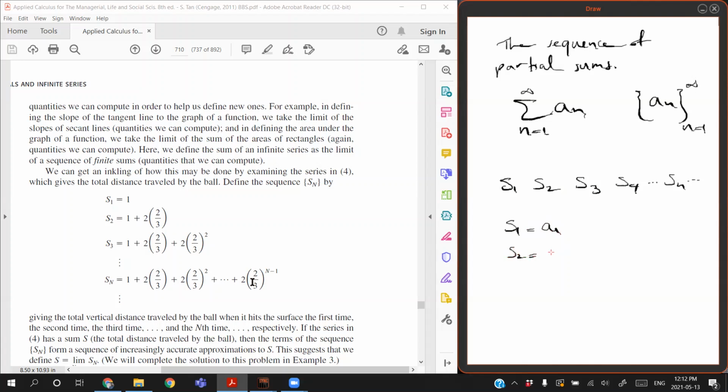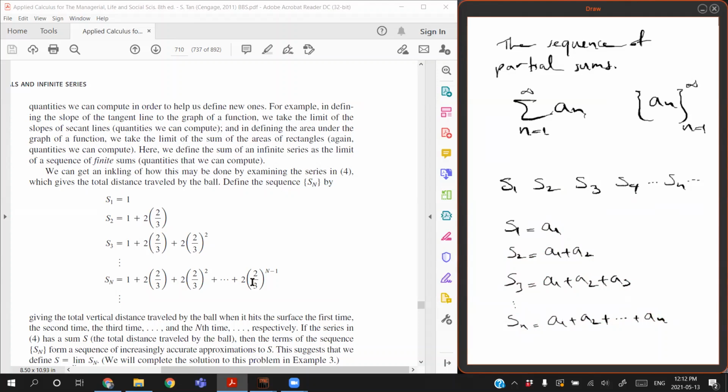And S2 is the sum of A1 and A2. And S3 is the sum of A1, A2, and A3. And generally, Sn is the sum of the first n terms. So it's A1 plus A2 all the way to An.